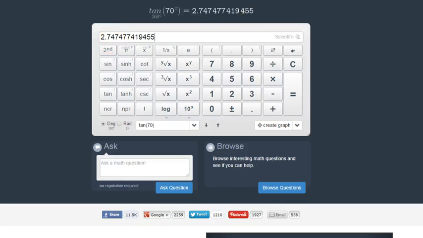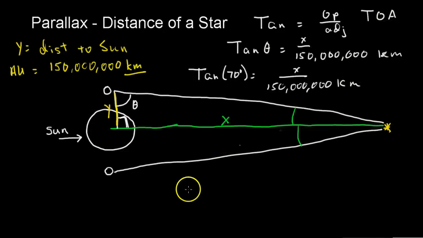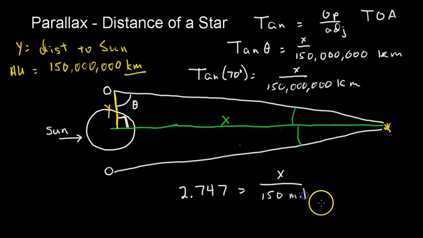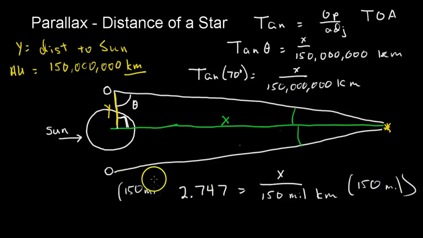It's going to equal 2.747. All right, so we get 2.747 equals x over 150 million kilometers. And so what do we do? We multiply both sides by 150 million.